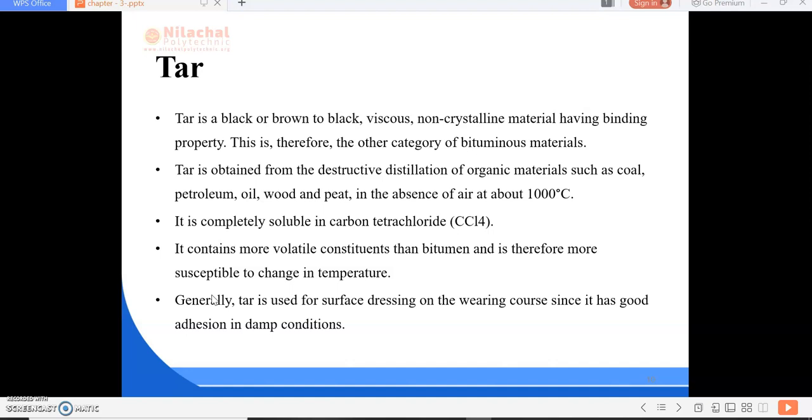It contains more volatile constituents than bitumen and is therefore more susceptible to change in temperature. Generally, tar is used for surface dressing on the wearing course since it has a good adhesion in damp condition. Okay, so it has good adhesion property, that is why we are preferring tar in our construction.